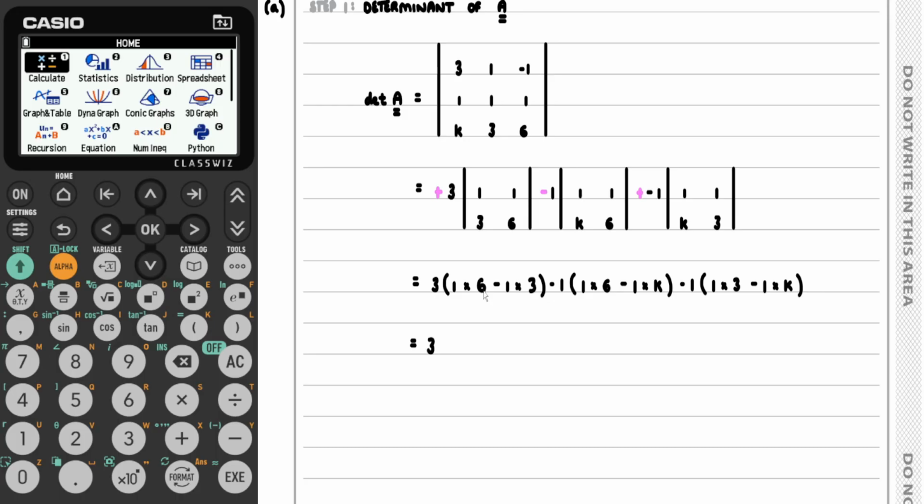So I've got 3 multiplied by 3, subtract 1 multiplied by 6, subtract k, subtract 1 multiplied by 3, subtract k. So I've got 9, subtract 6, plus k, subtract 3, plus k, which is 2k.